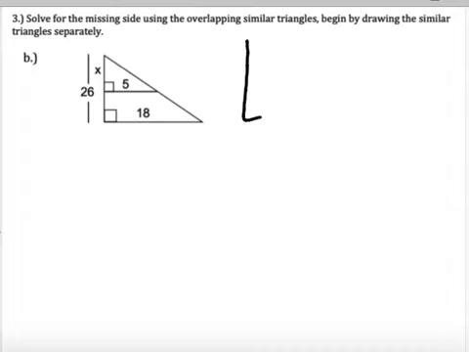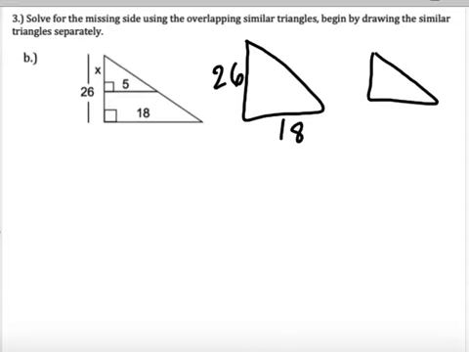So on this problem, this whole side, the big, is 26, and the bottom is 18, whereas the little one is x and 5. Some students will try to label this as 26 plus x. Sometimes they'll try to label this as 26 minus x. But this line here is just trying to indicate this whole side is 26, so you don't have to combine them.